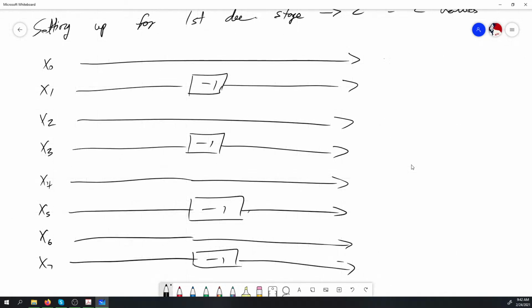So this one is going to be y0, y1, y2, y3 going down the line. But for ease of convenience, I'm just going to put what the values are here.